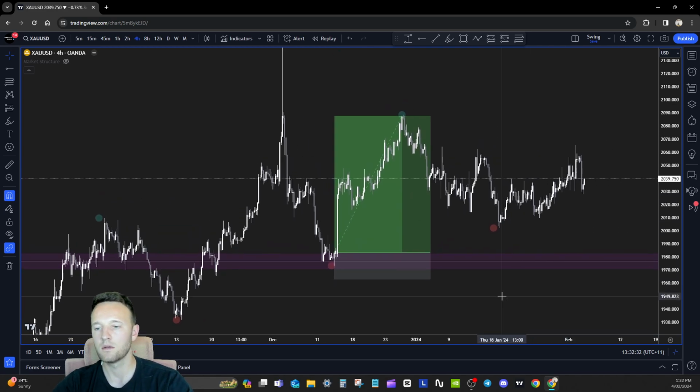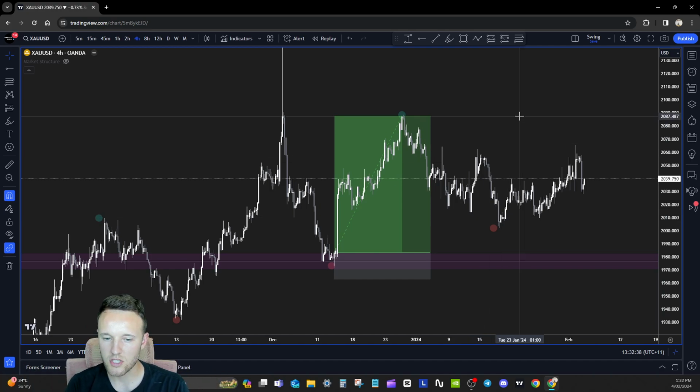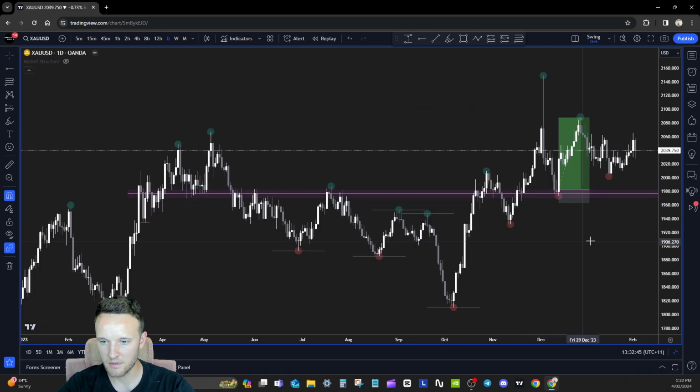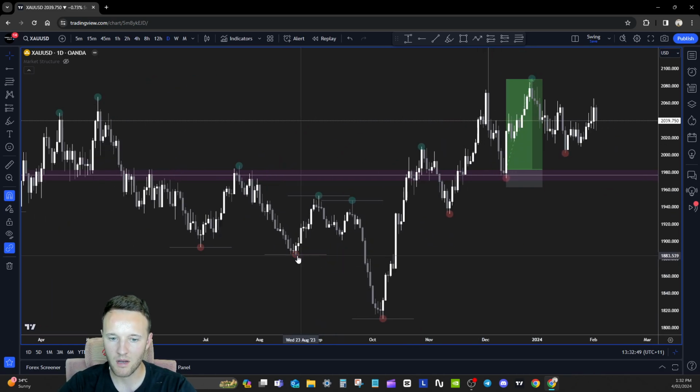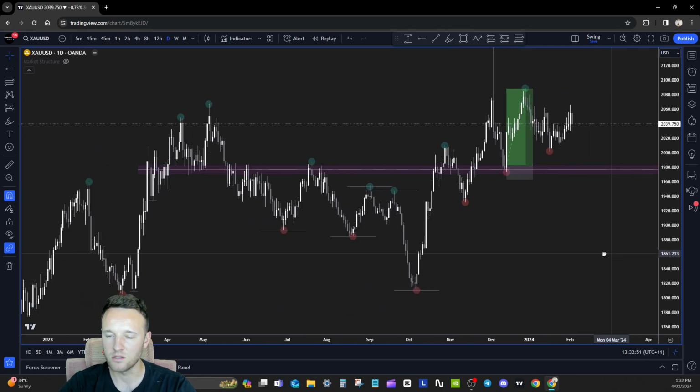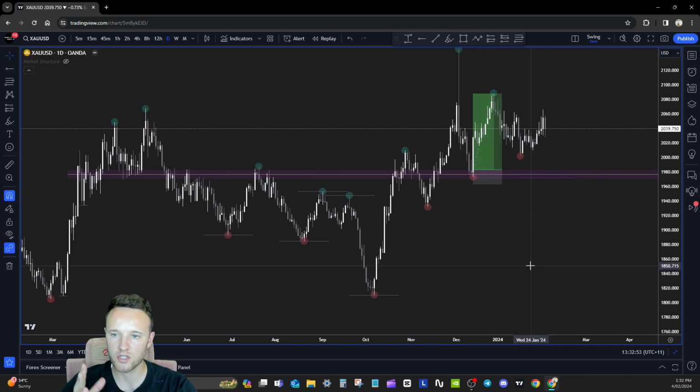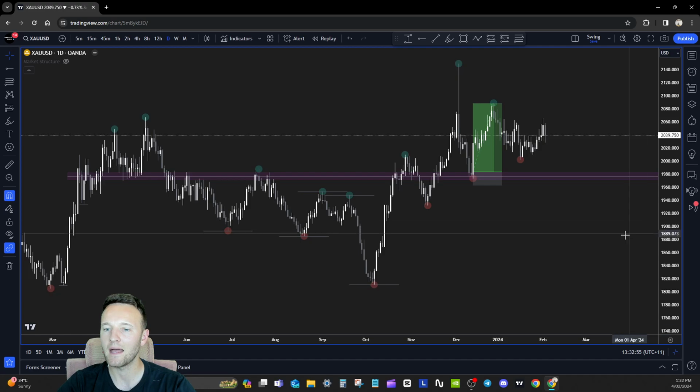Okay. So that is the market structure video on how to confidently and comfortably read market structure based off of bars range, right? 12 bars to the right, 12 bars to the left, using the daily time frame as your structure, as your analysis time frame, and the 4 hour.